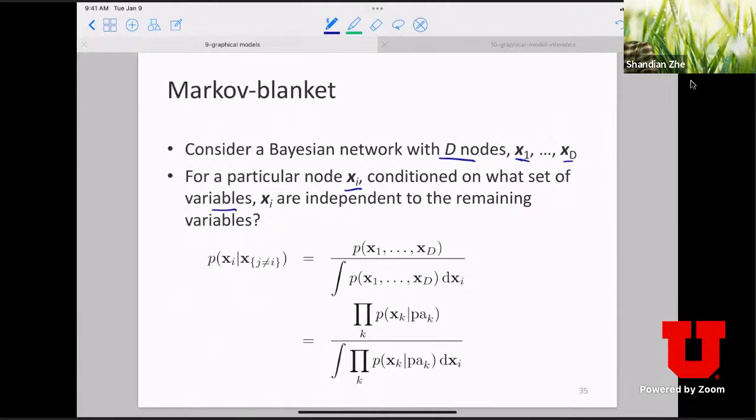You can imagine this is xi, and the remaining variables other than xi can be partitioned into two groups, A and B. So we say A is a Markov blanket if, conditioned on A, B is independent of xi.